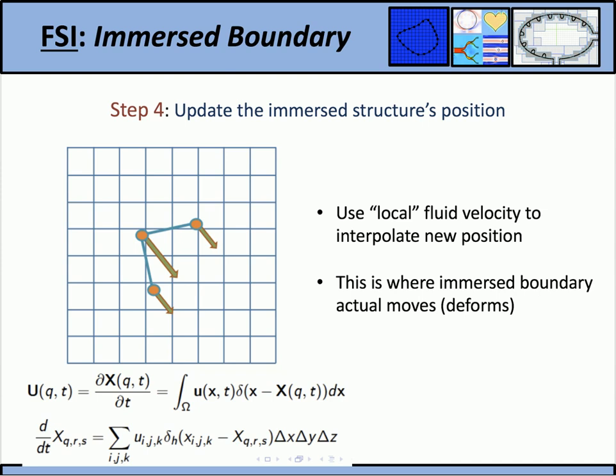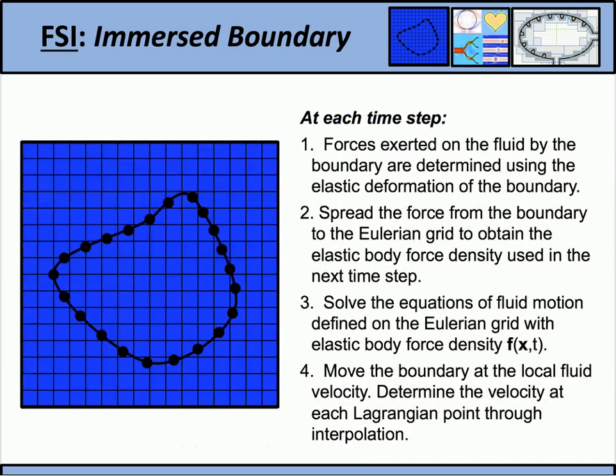That is to say, we want to satisfy the no-slip condition on this immersed structure. And then once these immersed structure points have moved, possibly there could be new deformation forces arising from the configuration not being in its preferred position.